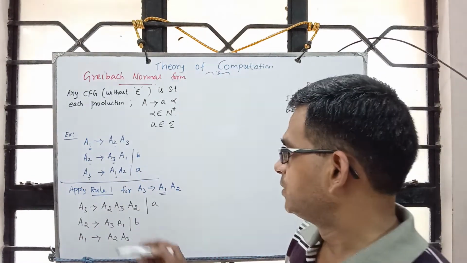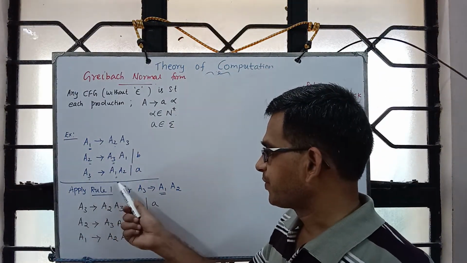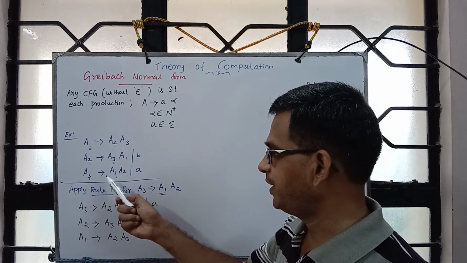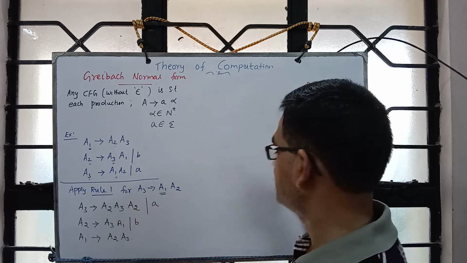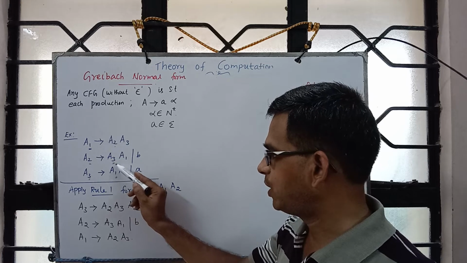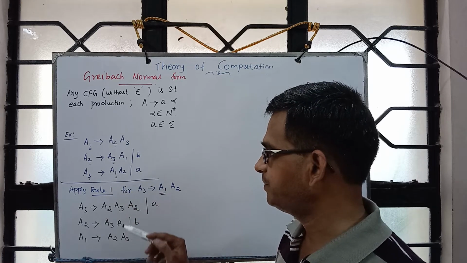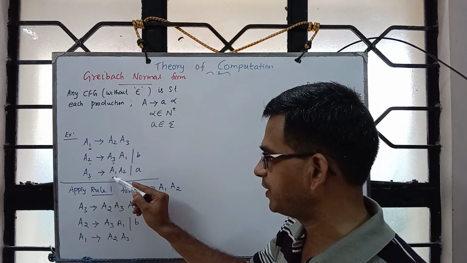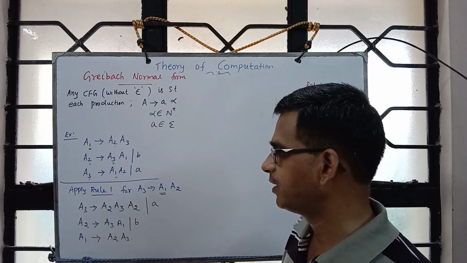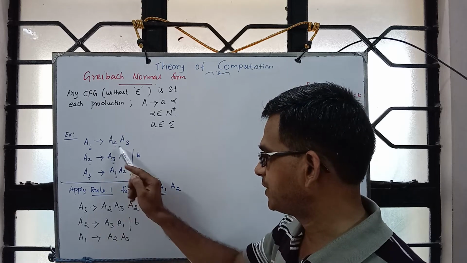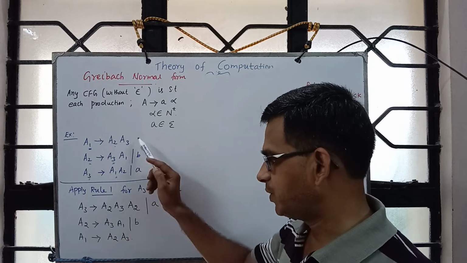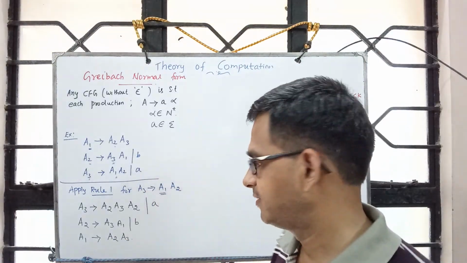So we look at this production which is violating, A3 implies A1 A2, which means rule 1 is applicable. Rule 1 says find all productions starting with A1 and substitute the value of A1 in place of A1 here. So we get A3 implies A2 A3 A2, or A, and the other two are as they are.